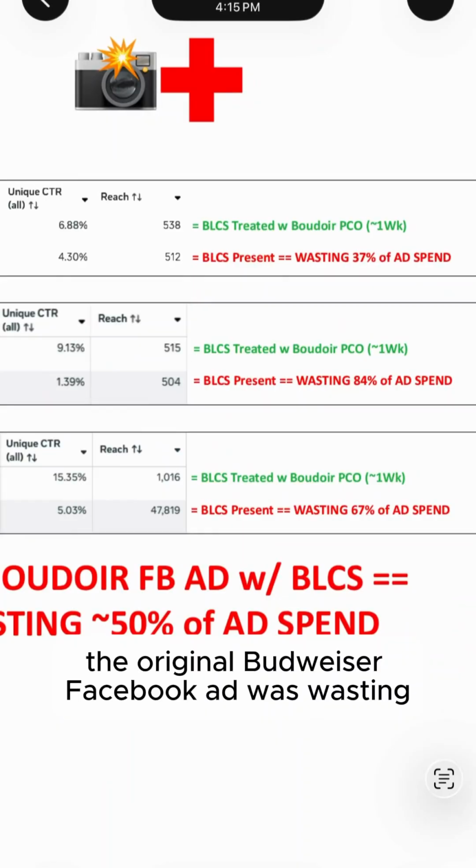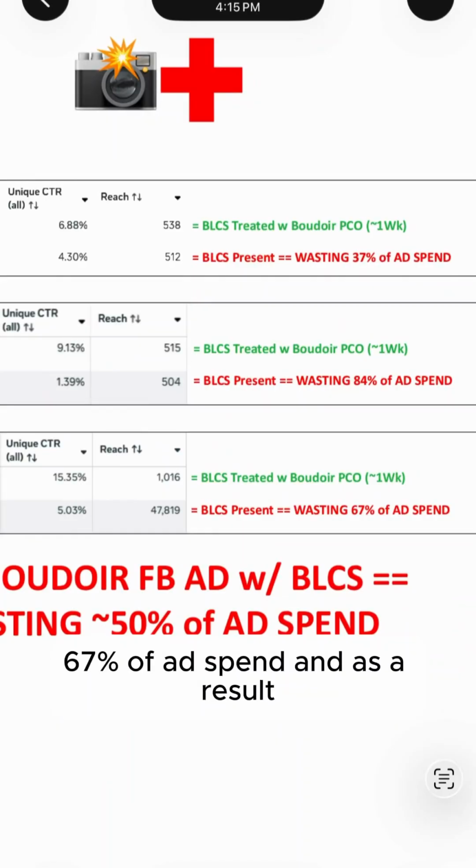So we found out the original Boudoir Facebook ad was wasting 67% of ad spend.